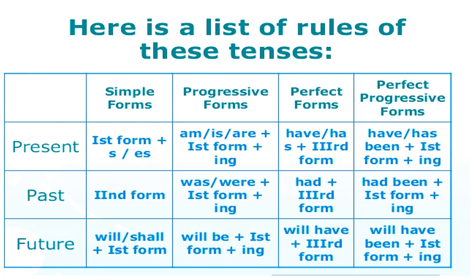Finally, future tense, we can use will or shall or going to plus infinitive form or first form for simple case. For second form, will be plus infinitive form plus ing.